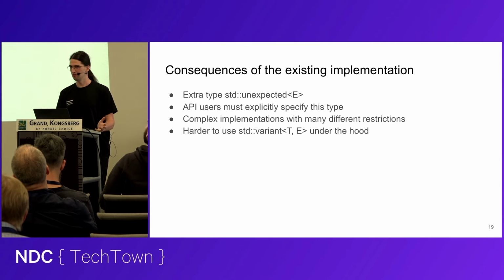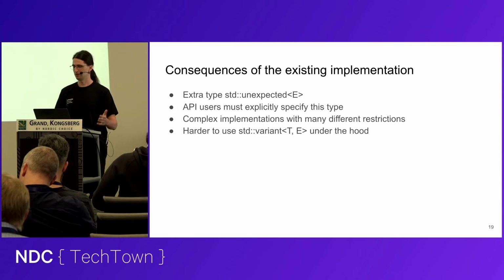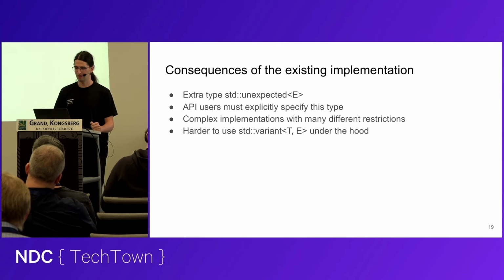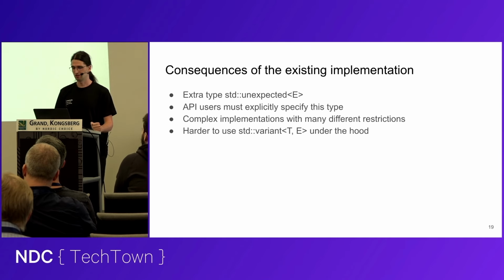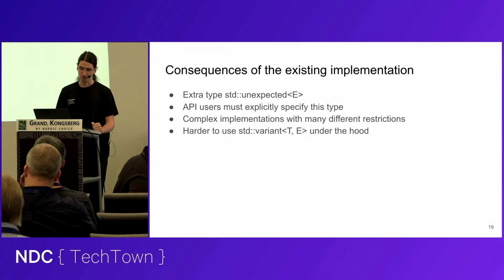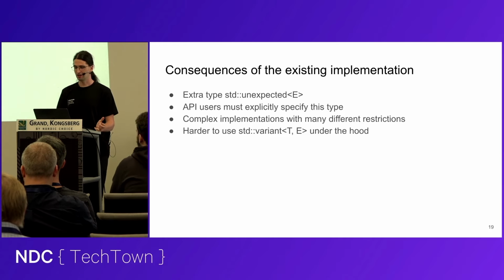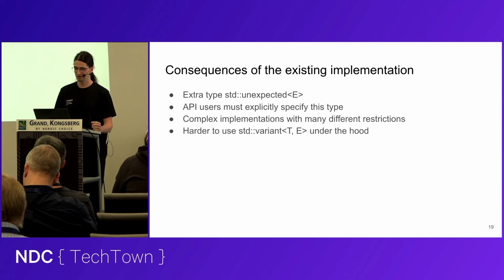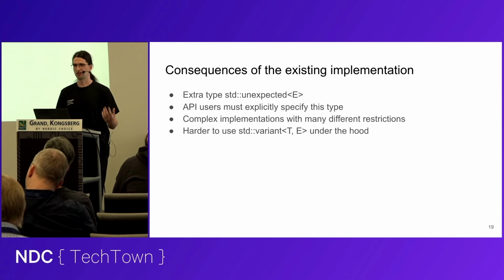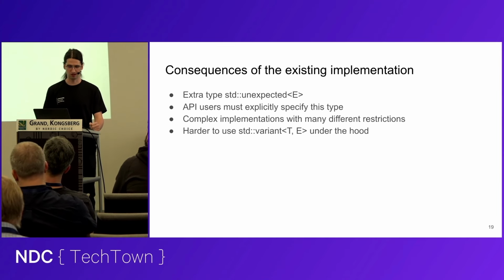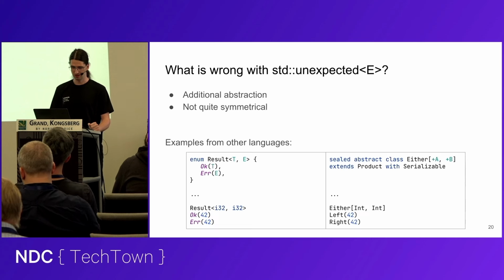The API users must explicitly specify this type. The implementation is quite complex with many different restrictions, which is probably not something wrong for users of the API, but it makes it a little bit complex to implement. And it's harder to use std::variant of T and E under the hood, which can give you many benefits. I'll tell you in a moment.